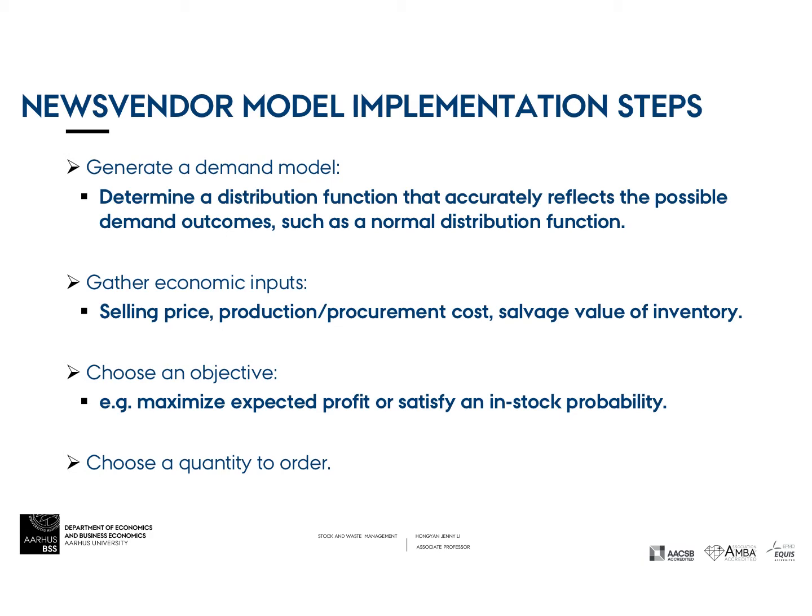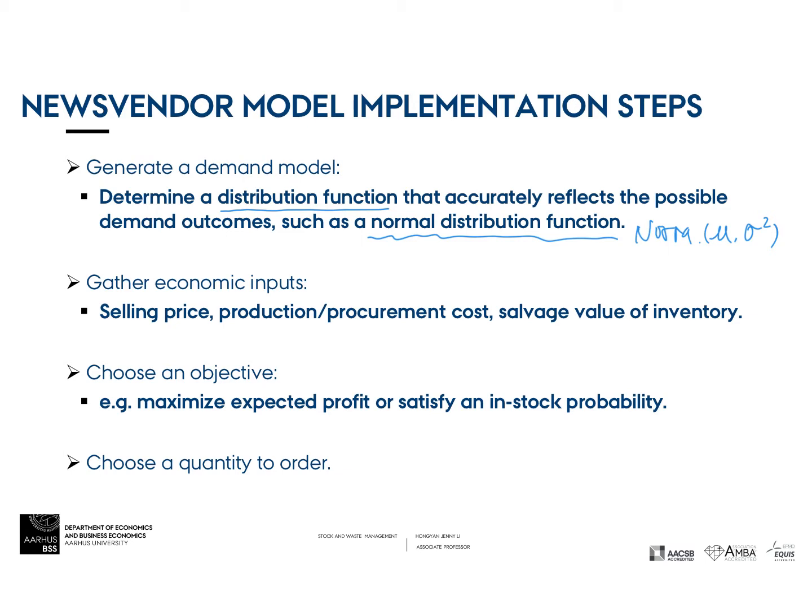You first need to generate a demand model, so determine a distribution function that accurately reflects the possible demand outcomes. For example, we can have a normal distribution function. That means you need to have a mean and standard deviation for your demand distribution.